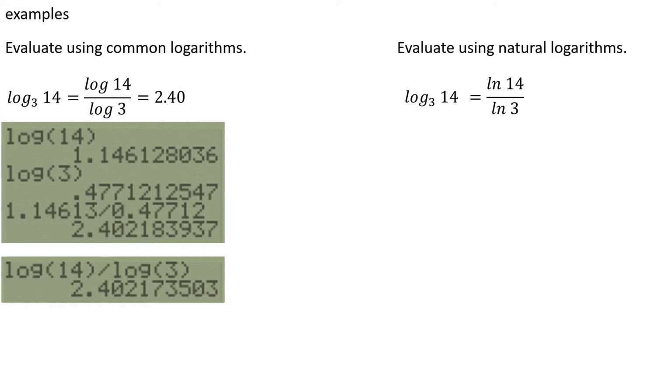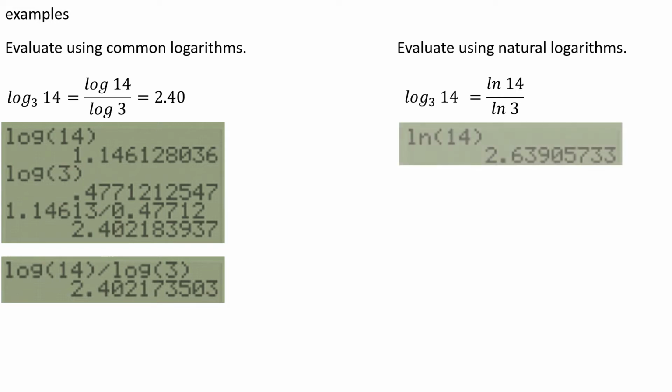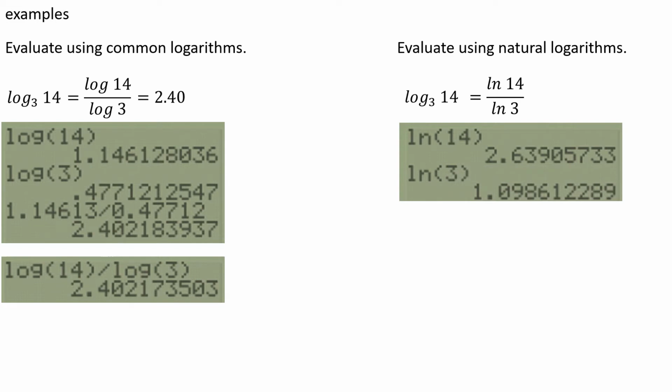So I change it to natural log of 14 over natural log of 3. Now, you think we're going to get the same answer, right? Because we can change to any base we want. So natural log of 14, that's 2.639, boy, that's really different. Natural log of 3, 1.0986, well, this is real different. Is this working out? Did I make a mistake?